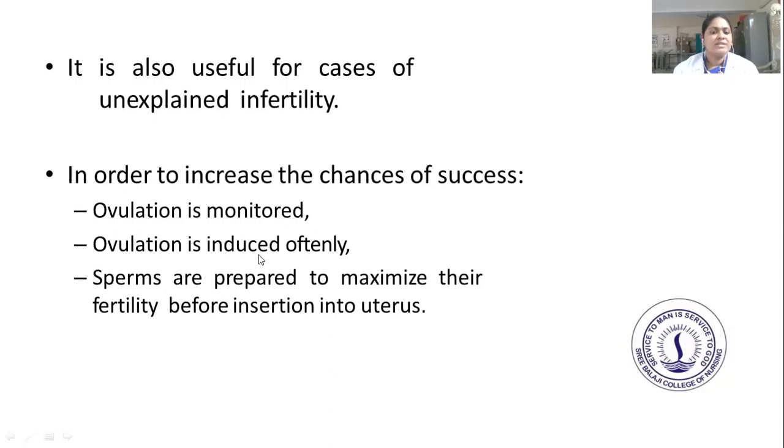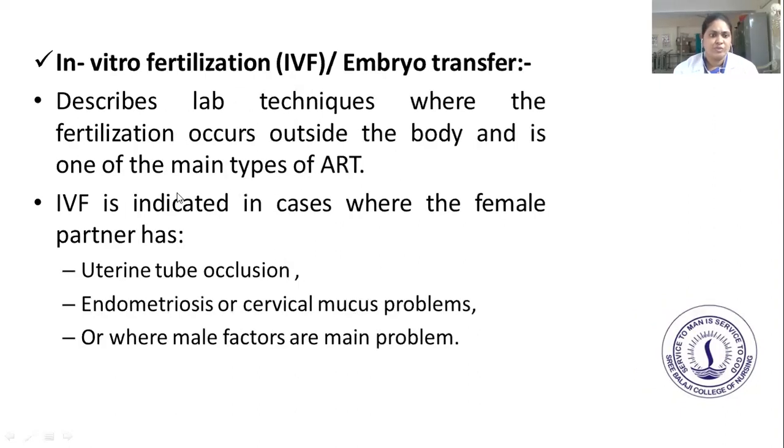The ovulation is often induced. If we find that proper ovulation is not happening, we can induce it with the help of drugs also. The sperms are prepared to maximize their fertility before insertion into the uterus.